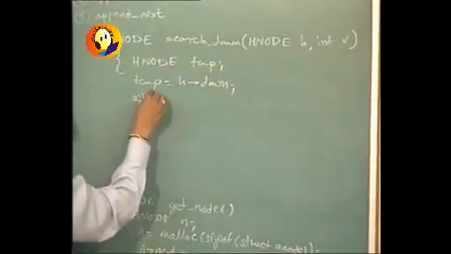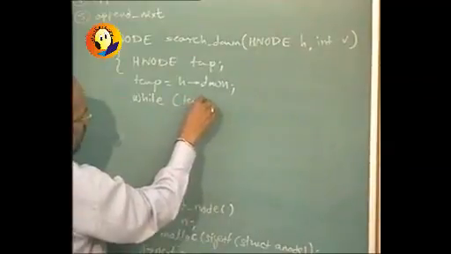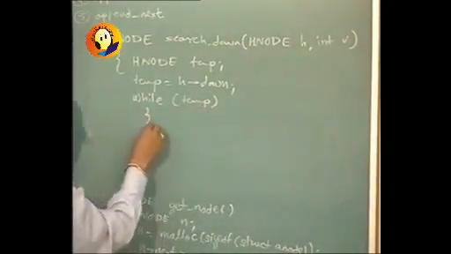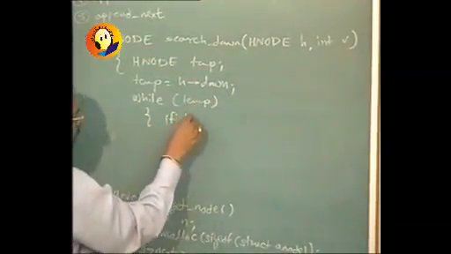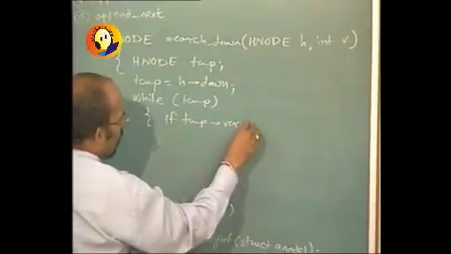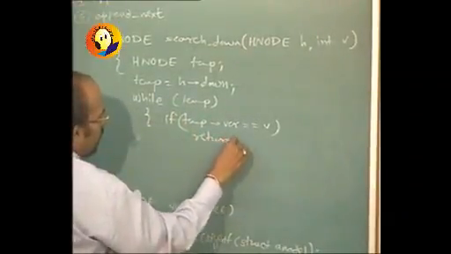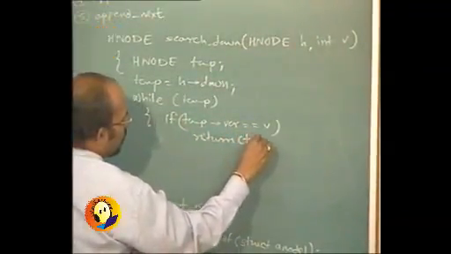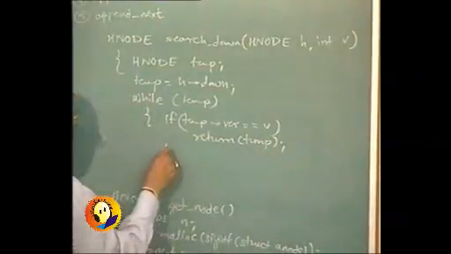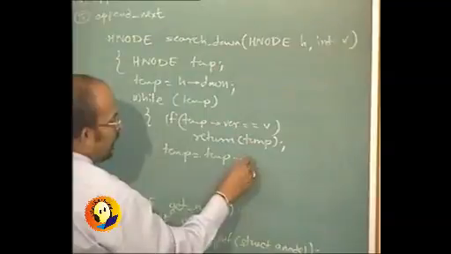While temp is not equal to null, if temp arrow ver is equal to v, return temp. Otherwise go to temp equal to temp arrow down.